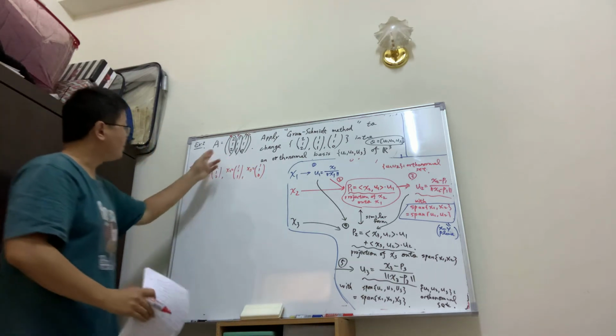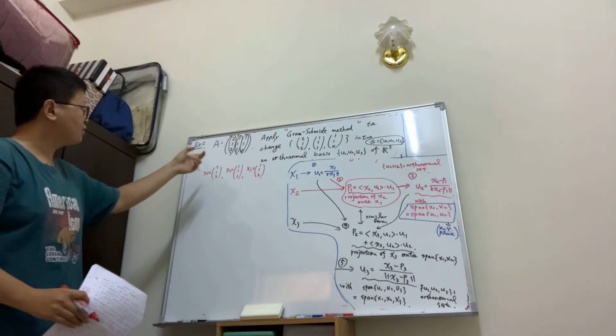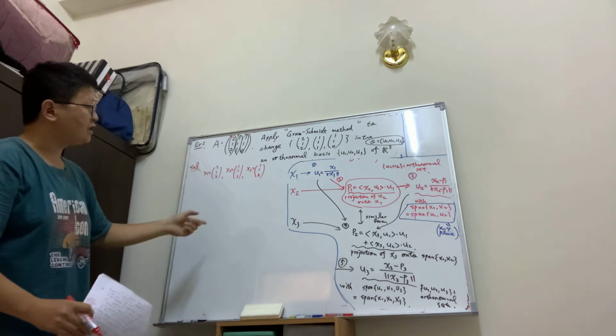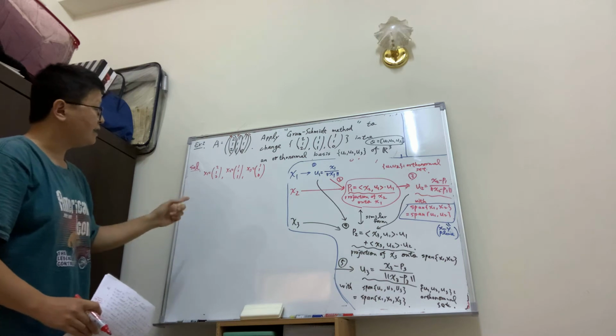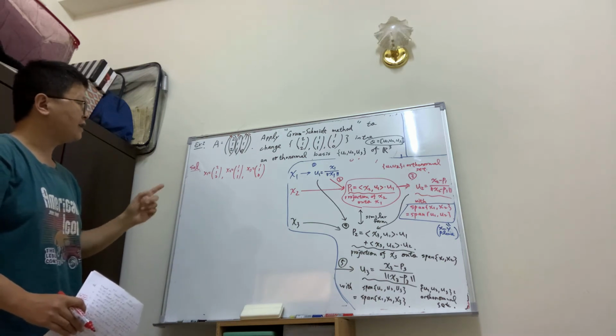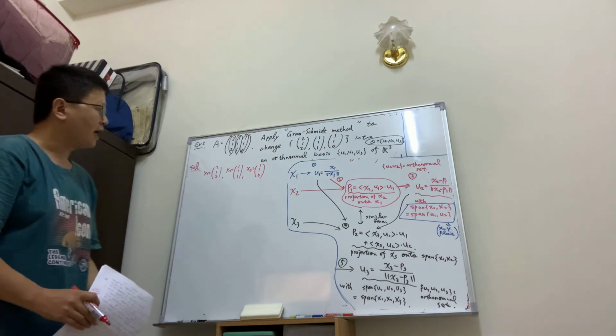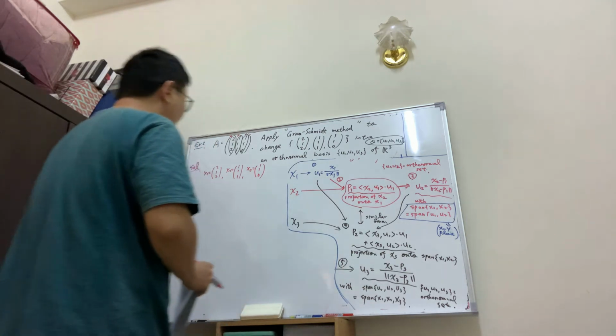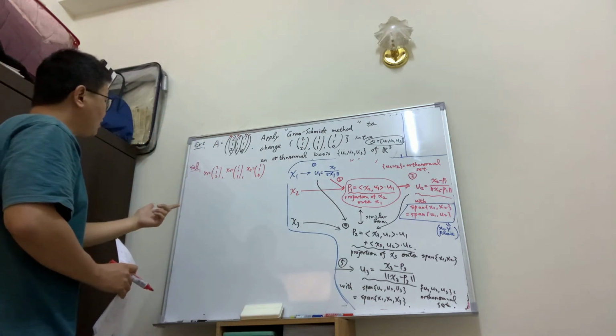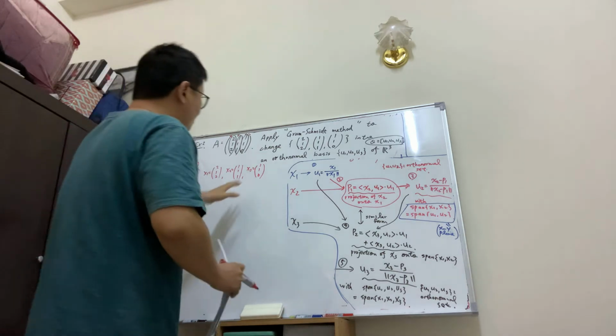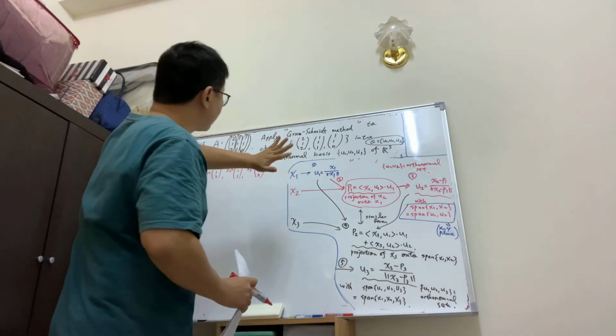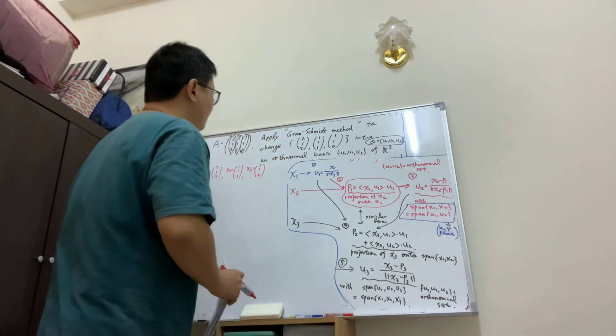I mean, for this matrix A, you could see that its determinant is non-zero. So you could see that indeed they are linearly independent. And if they are linearly independent, you could use the Gram-Schmidt method to construct the orthonormal basis.